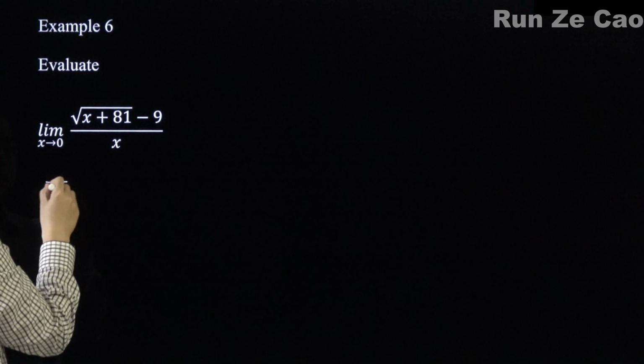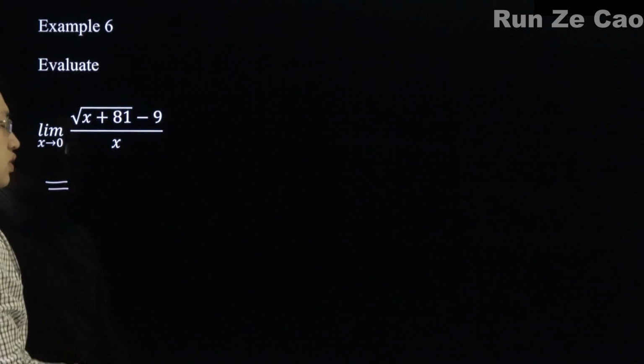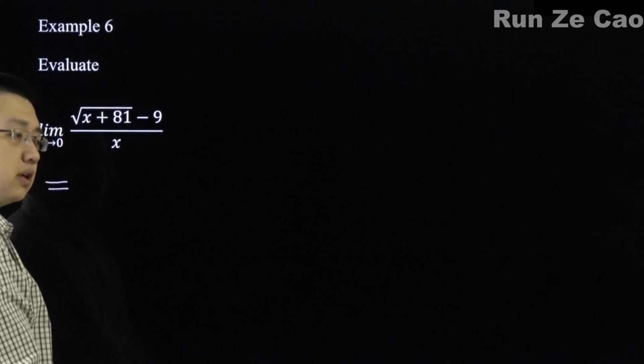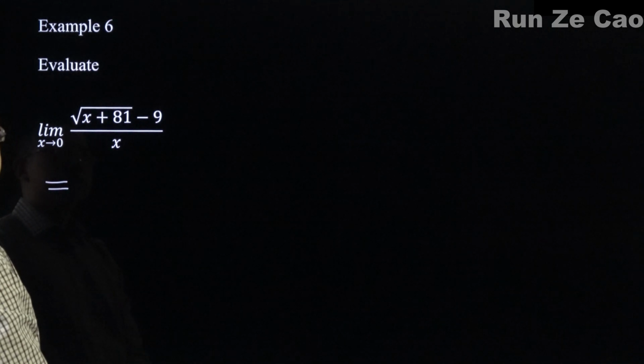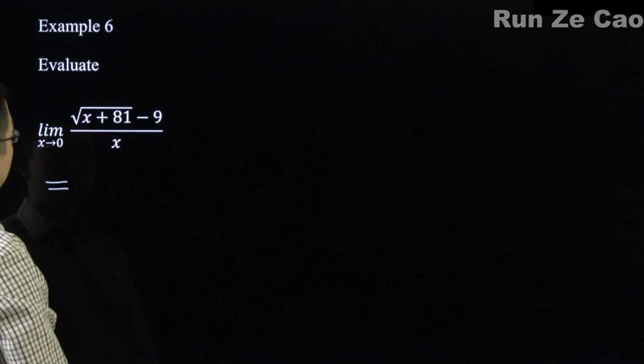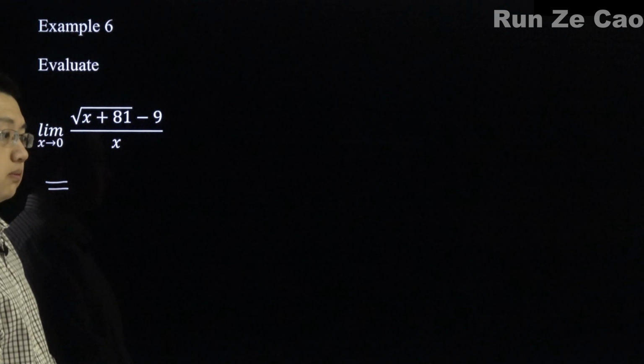Well, we could perhaps get rid of this square root somehow on top. Perhaps by multiplying by something. But then we would have a square root on the bottom. How do we deal with that? Well, we need to make sure that whatever we're multiplying by is not 0. Why?